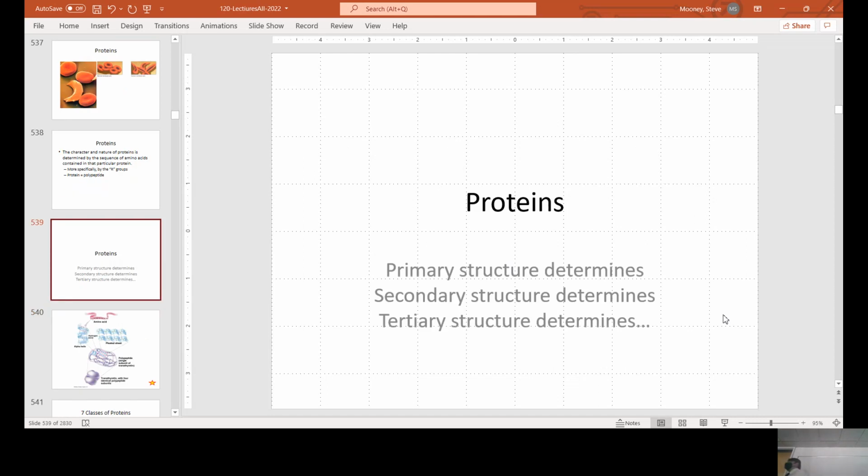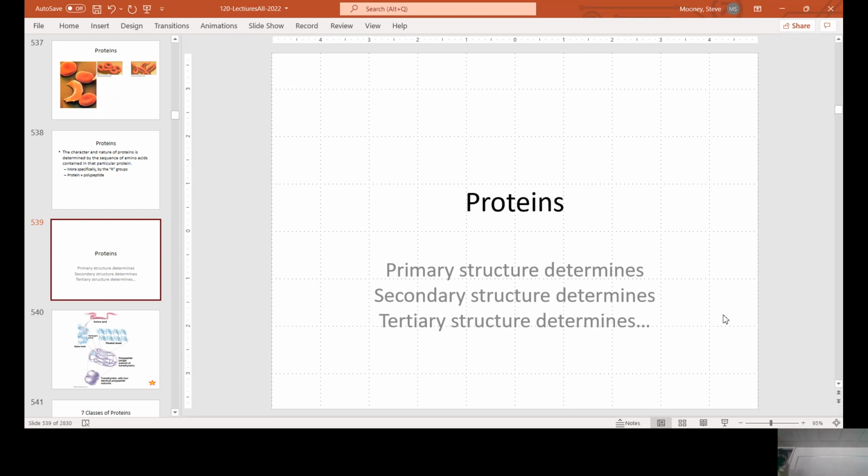So we say primary structure. That sequence or chain is going to determine how the secondary structure happens, which will determine how the tertiary structure happens. Primary structure, what we're really talking about is the individual amino acids or the individual R groups.